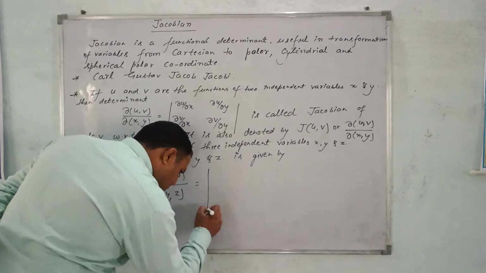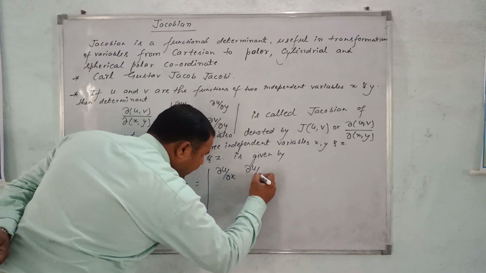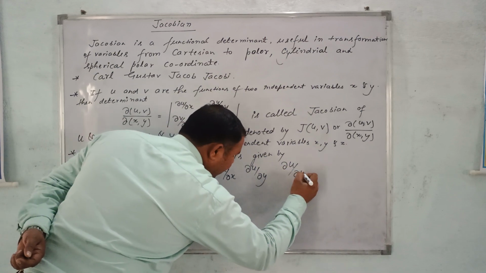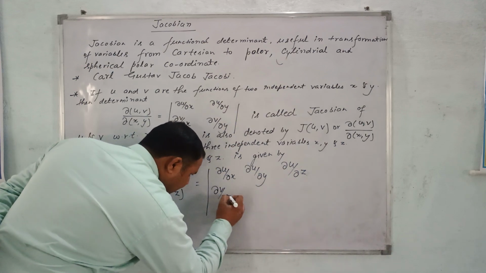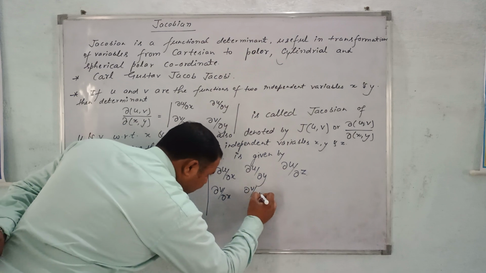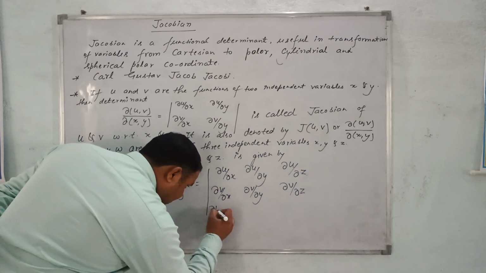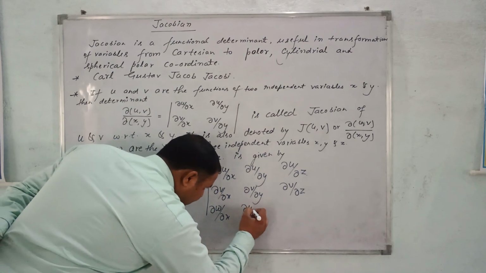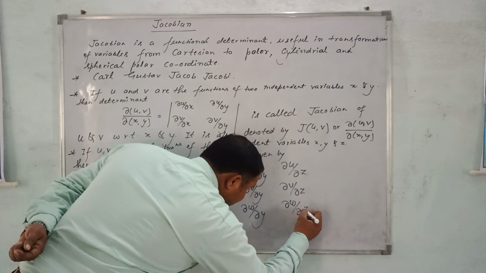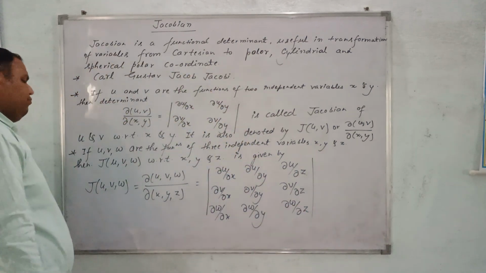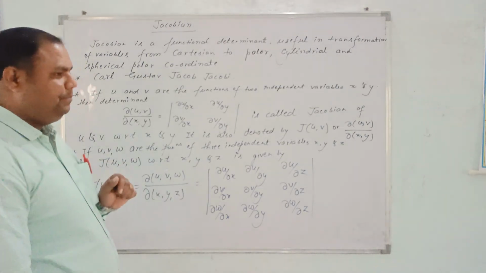So क्या हुआ फर्स्ट रो del u by del x, del u by del y, del u by del z, del v by del x, del v by del y, del v by del z, and last del w by del x, del w by del y, and del w by del z. So this is the Jacobian of u, v, and w with respect to x, y, and z.